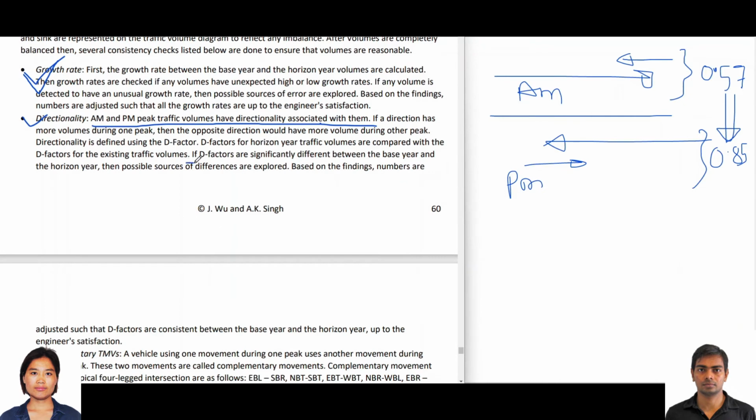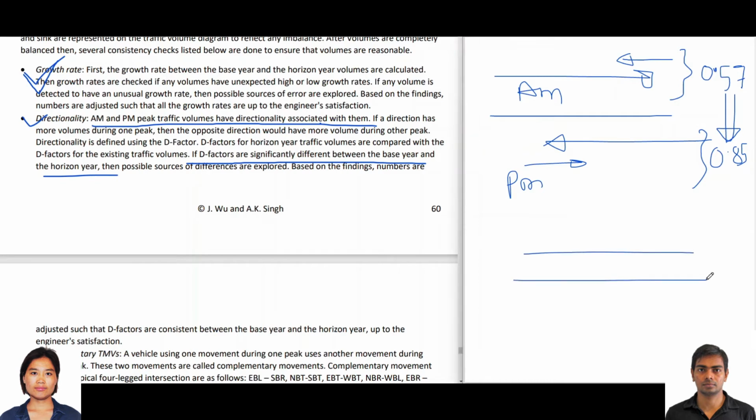So that's the check if D factors are significantly different between base year and horizon year. Okay, so also we try to compare the directionality between existing year and horizon year. So let's say directionality in existing year is 0.57. We calculate the directionality for horizon year, and let's say the directionality came out to be 0.75 or something.